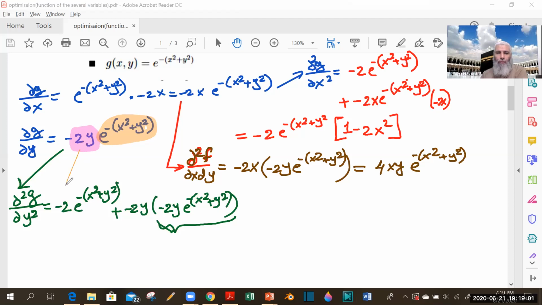So the derivative of this is here, negative 2. Multiply the second, right? Now we need the derivative of the second, which is this. Multiply the first.